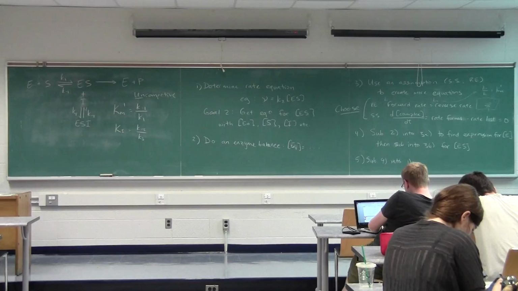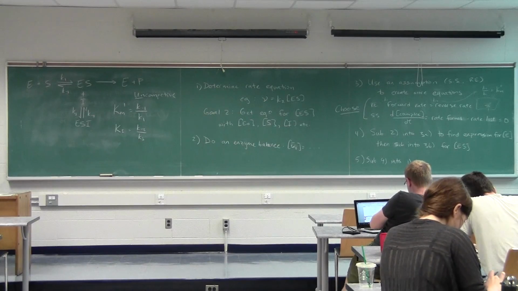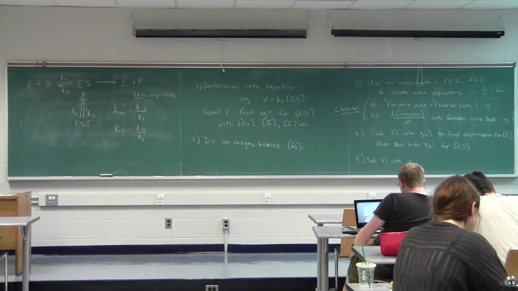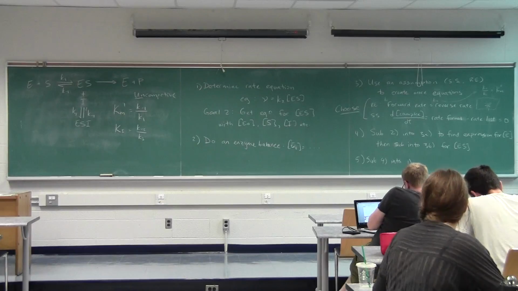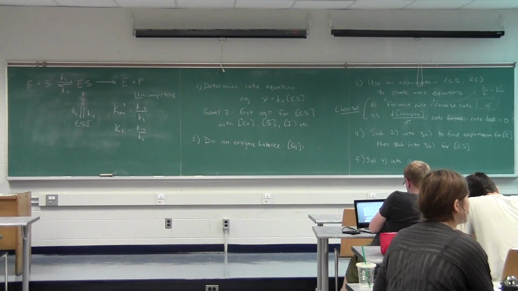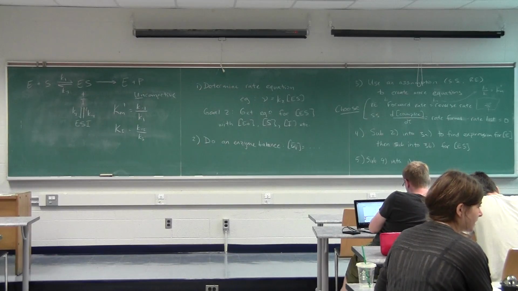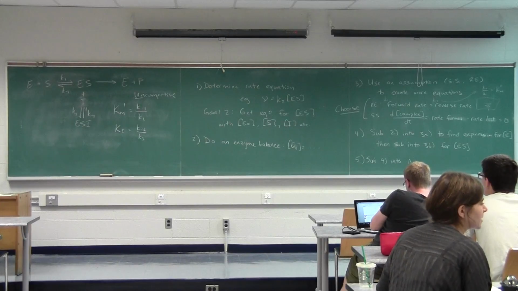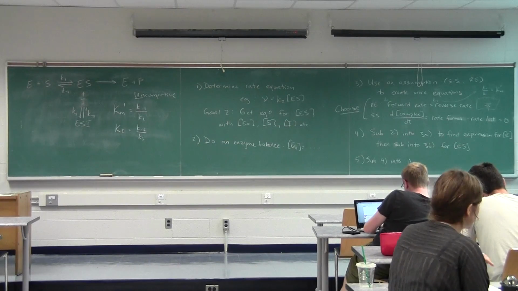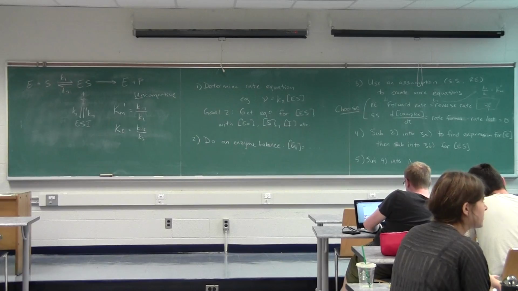Then you're gonna use this equation to get the expressions in terms of... and then you can sub that back into. But essentially, you don't try and get an expression for ES right away, because then it's your final goal.